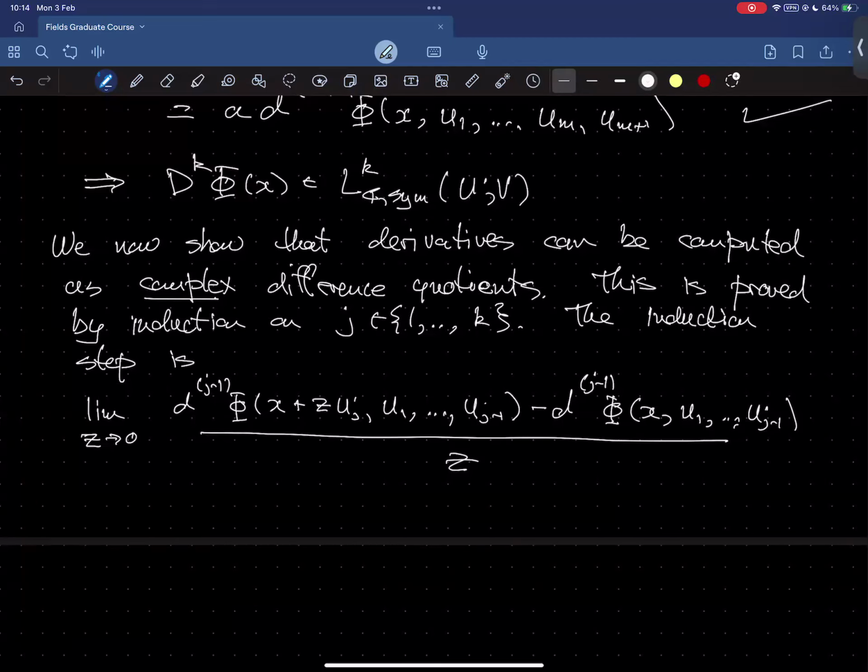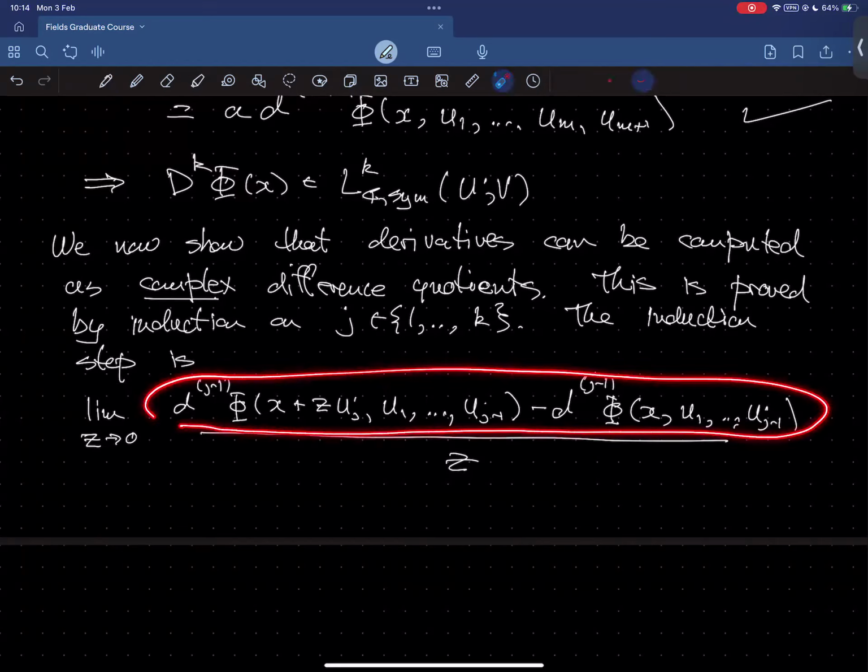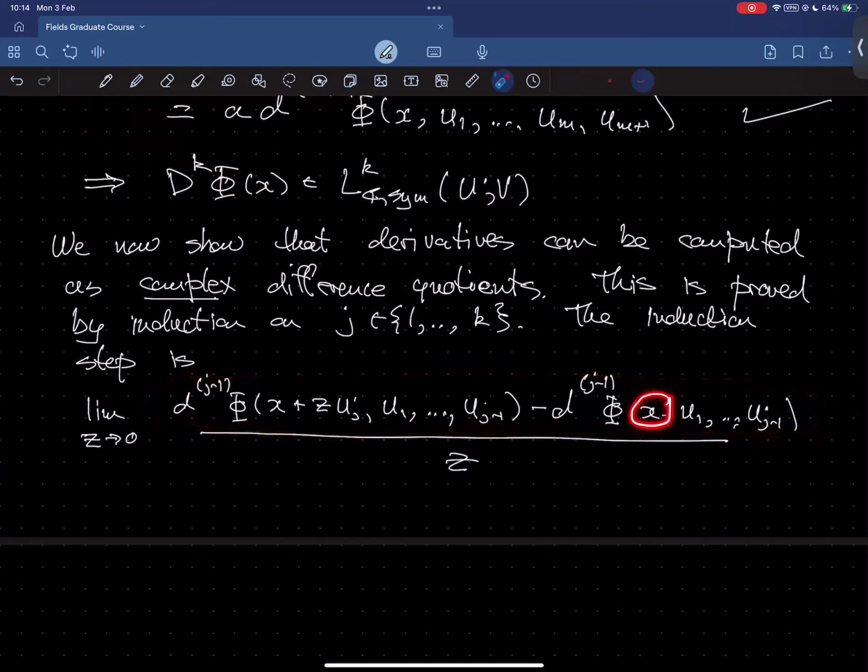So what should we do? We're going to do what we always do, and that is we're going to take this thing and re-express it using the mean value theorem, thinking about a curve that goes from x to x plus z uj.